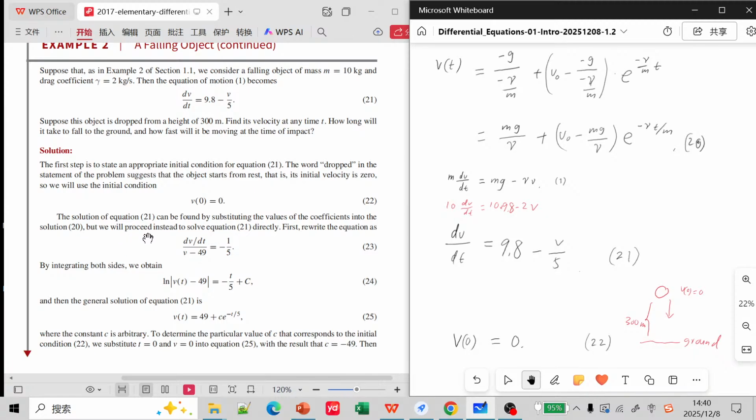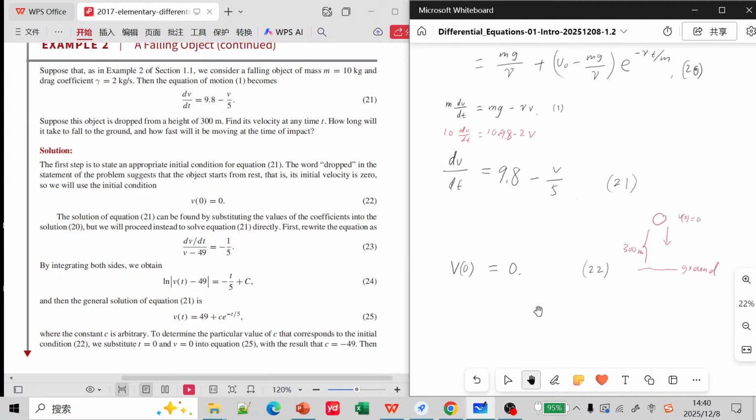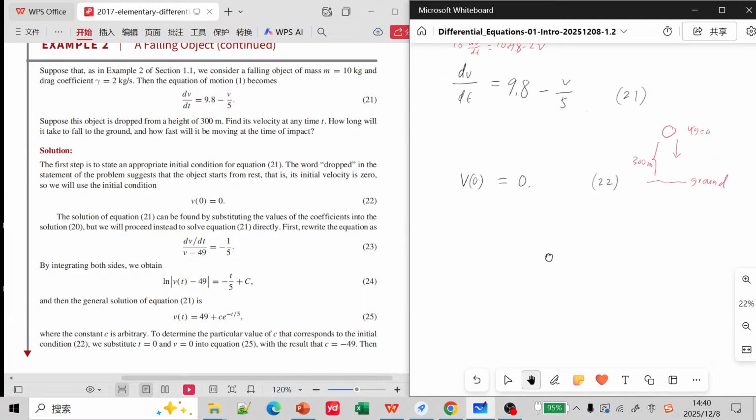But we will proceed instead to solve equation 21 directly. Now first rewrite the equation as this 23. This means we rewrite equation 21 to equation 23.